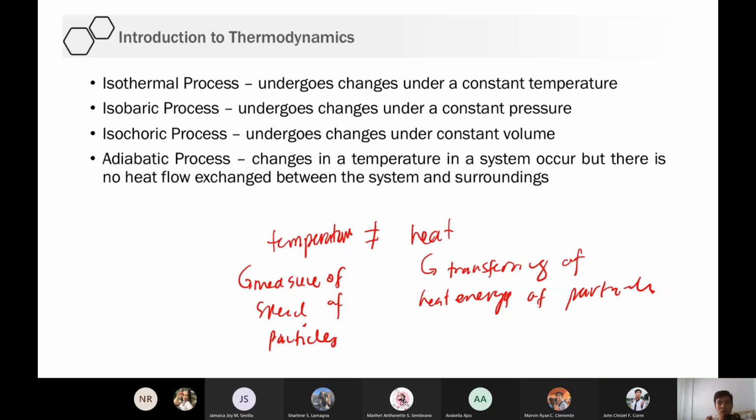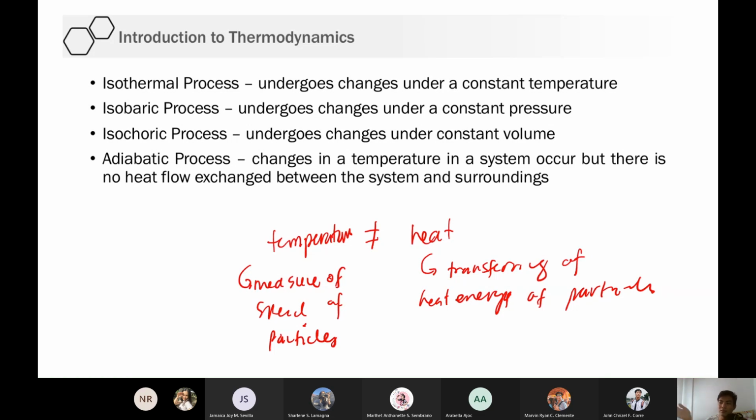So, hindi sila natutunaw agad, no? Kapag nasa thermos, or kaya nasa cooler sila, kasi yung init ng surrounding, hindi siya pumapasok sa loob, no? Ibig sabihin, yung energy ng paligid, hindi siya pumapasok sa system para initin yung mga particles. Okay. So, yun yung adiabatic process.